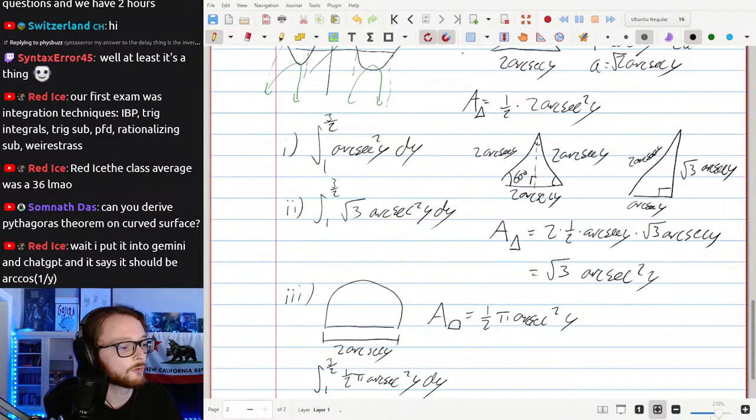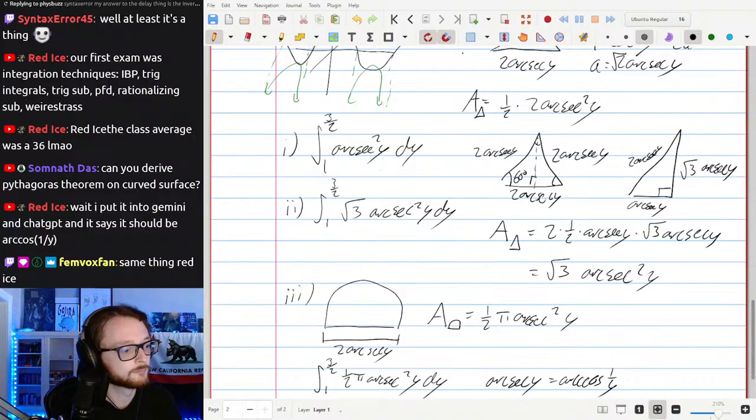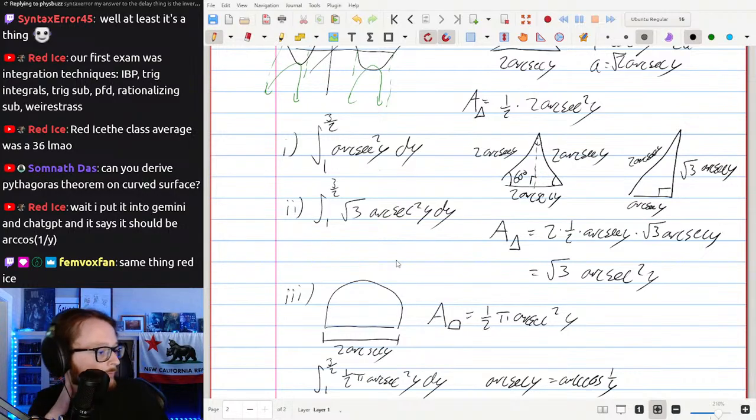Arc cosine 1 over y. Well, I'm pretty sure it's an identity that arcsecant y is equal to arc cosine 1 over y. I think it's the same thing. Okay, yeah, Fenlux is saying the same. So it should get you the same answer.